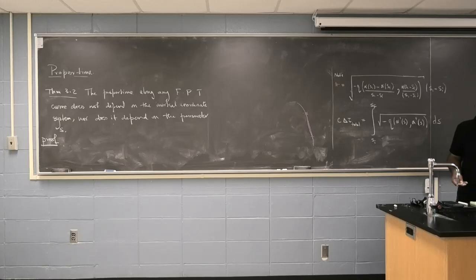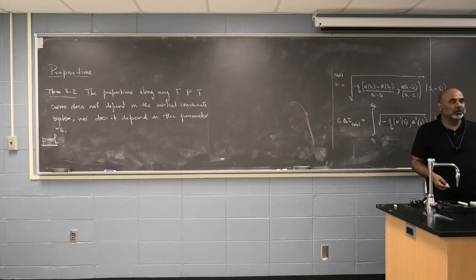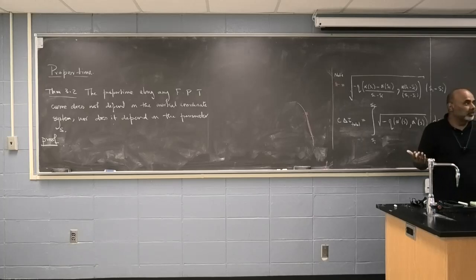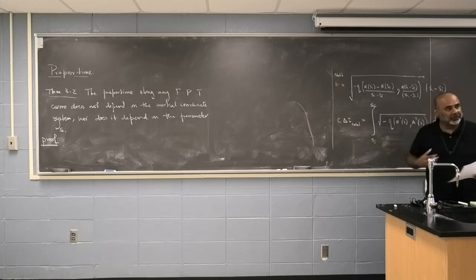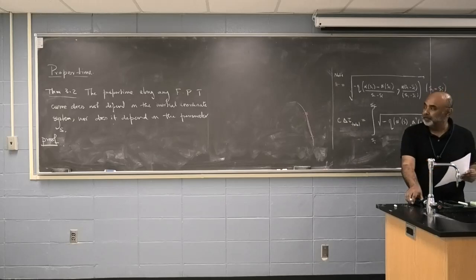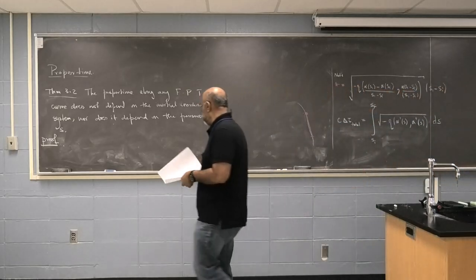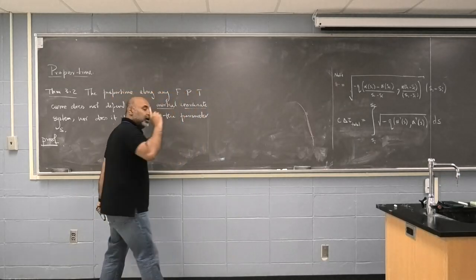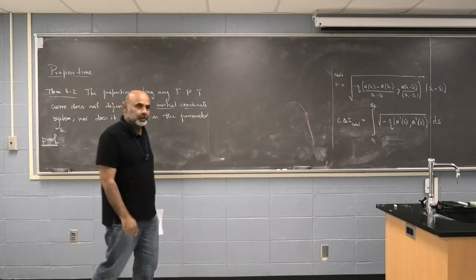I could choose a new time-like parameter called R, and define it to be sinh of S, maybe. That's a freedom that we have. But then the proper time is a physical thing. It's the time lapsed by an observer. So it shouldn't depend on that, okay? So it's easy to show. This part is trivial. And I'm not going to write the proof. Why is it trivial? Look at it and tell me.